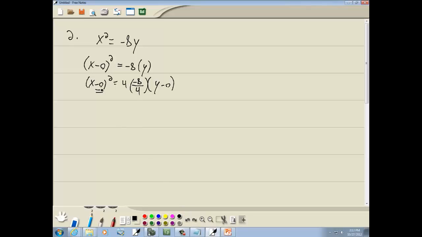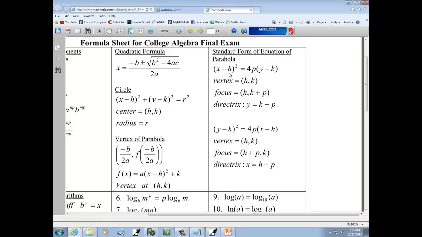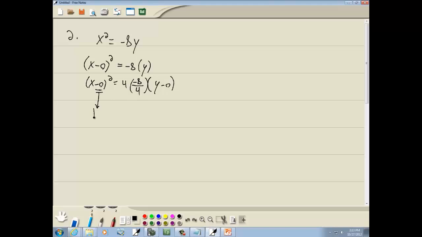Now from our formula, this is h, and it's going to be opposite sign, but 0 doesn't have a sign, so h is 0. This is k, it's going to be opposite sign, but k doesn't have a sign, so k is 0. And this is our p, so p is equal to negative 8 over 4, or p is equal to negative 2. Now it's asking us for the focus and directrix.